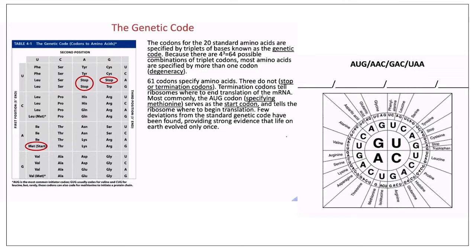And there is another way by which you can read this. There is one thing that you should know: one amino acid can be coded by more than one codon.